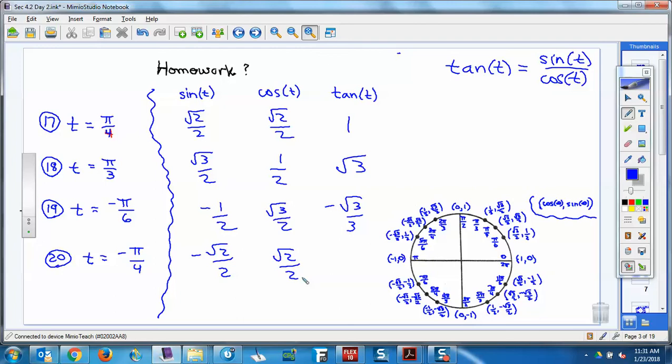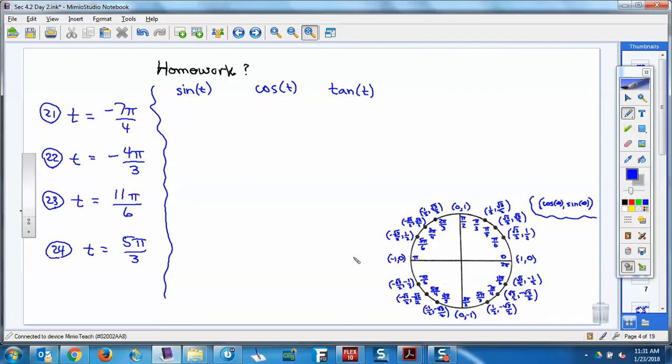When you're down here in quadrant 4, that's actually 7 pi fourths, or negative pi fourths, but really the angle you're thinking of is pi fourths. You're really thinking of these numbers here. But the x would be positive and the y would be negative. So the sine is negative and the cosine is positive. And then if you put y on top of x, sine on top of cosine, you get negative.